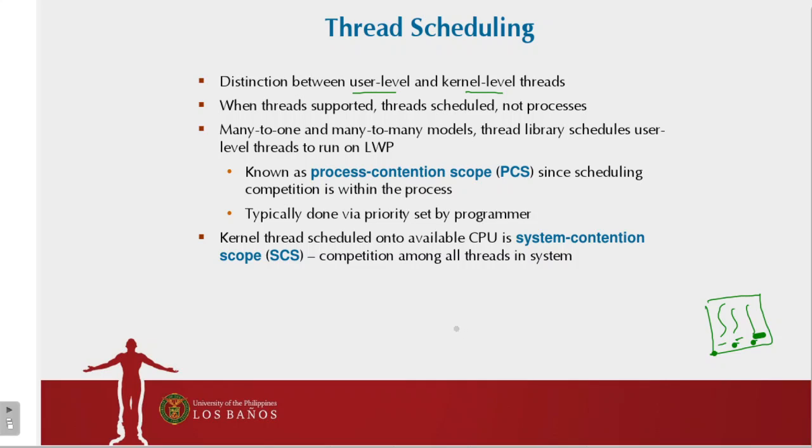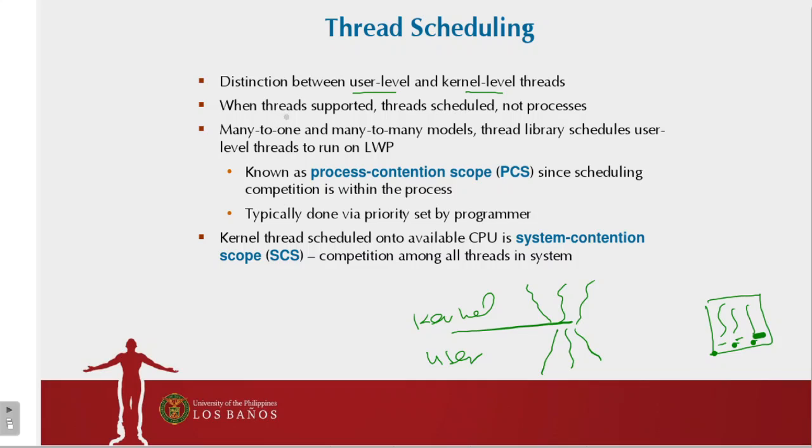So going back to our previous discussion on threads, for example, we have the kernel here and we have the user level here, and we discussed different thread models like one-to-many, many-to-one, etc., or mixed, right?